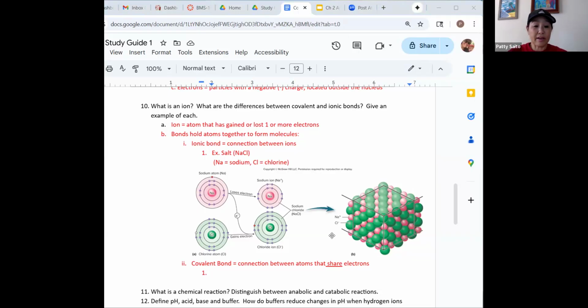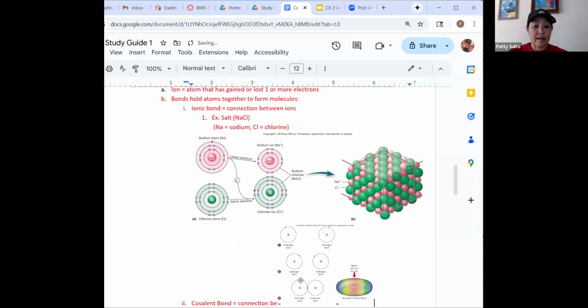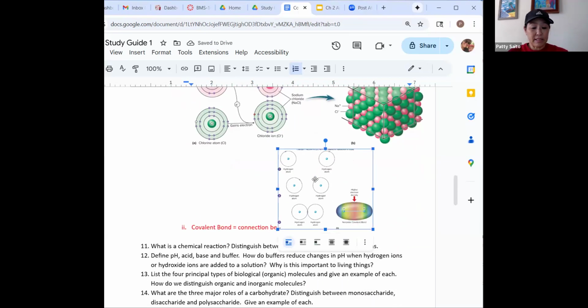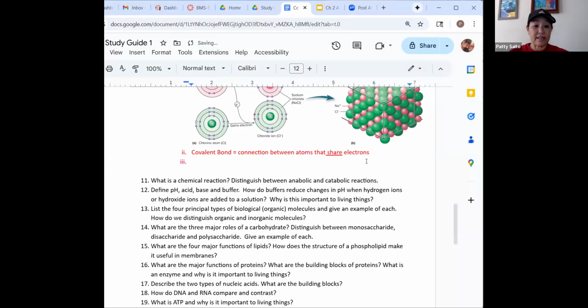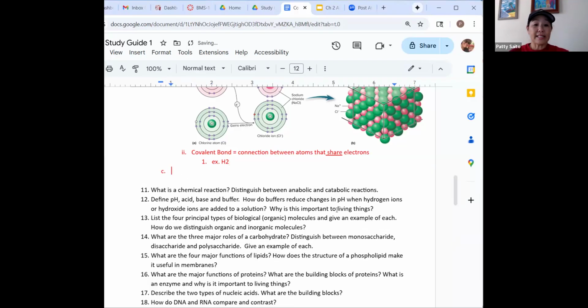So let me give you an example here. A connection between atoms that share electrons. An example I'll give you is hydrogen. Hydrogen comes as 2 hydrogens that share an electron.